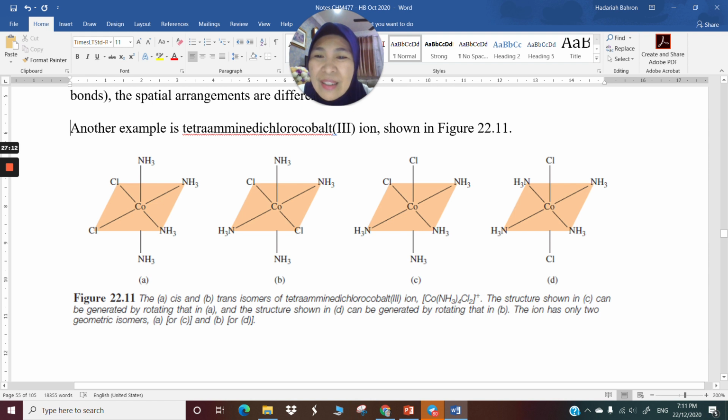So these two are definitely two different compounds. But A can be made into C, so they are the same compound. B can be made into D, and they are the same compound.